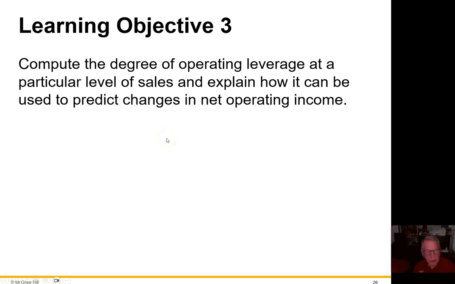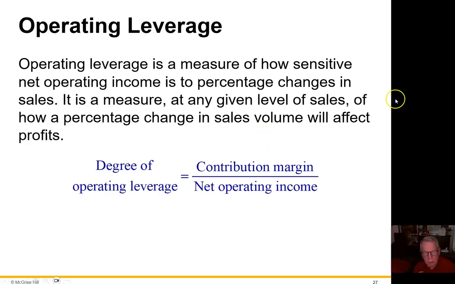Okay, next we're going to take a look at the degree of operating leverage at a particular level of sales, and explain how it can be used to predict changes in net operating income. This, I believe, is kind of interesting from the standpoint of how you could use this in the real world. Okay, so we have operating leverage. That's a measure of how sensitive net operating income is to percentage changes in sales.